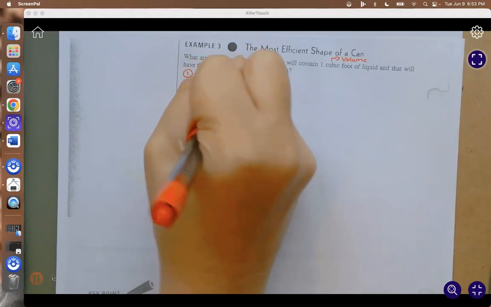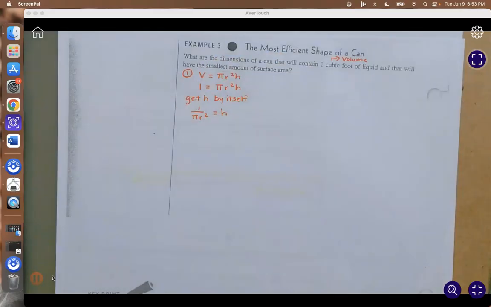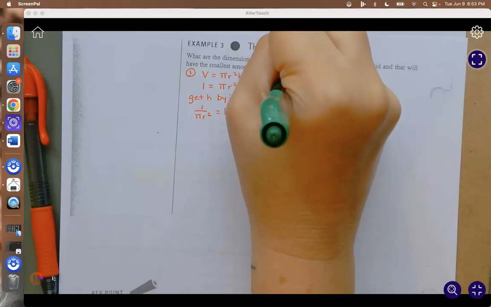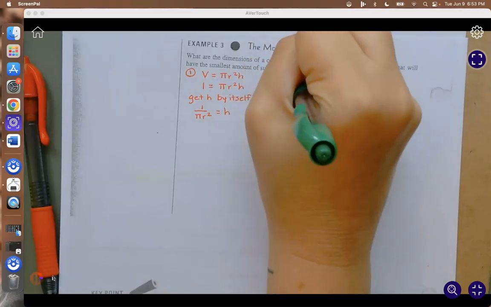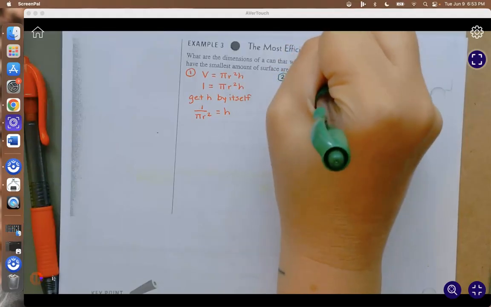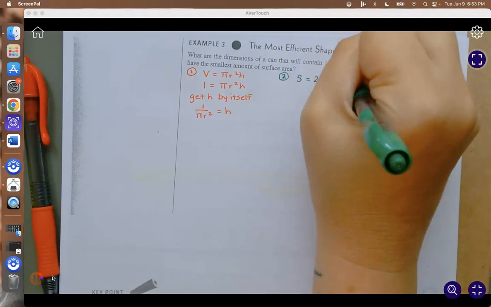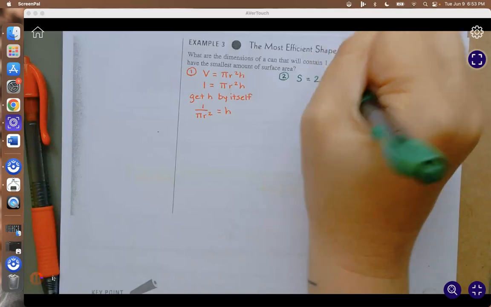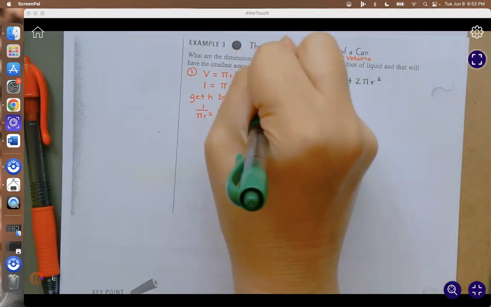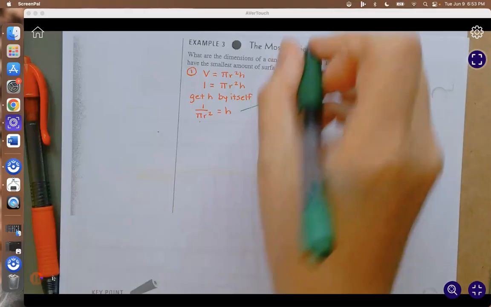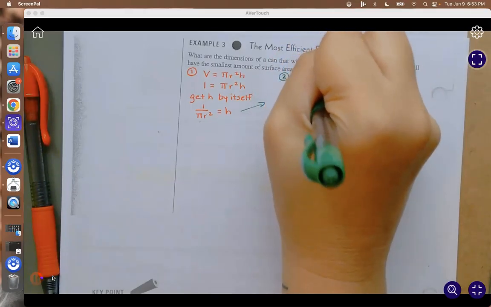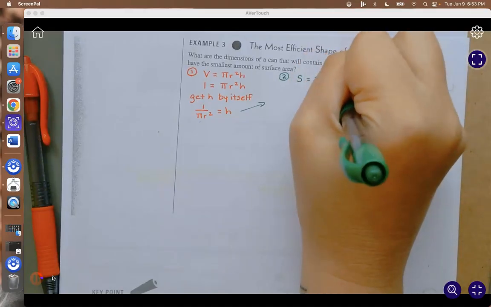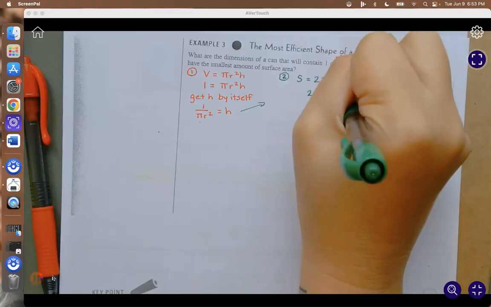Now in step 2, we look at our surface area formula, 2 pi r h plus 2 pi r squared. Now we're going to plug in this value for h. So 2 pi r times 1 over pi r squared.